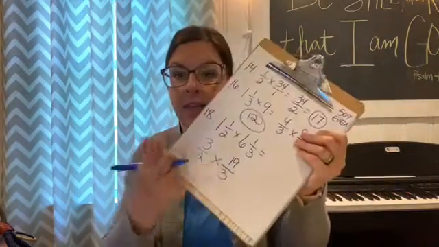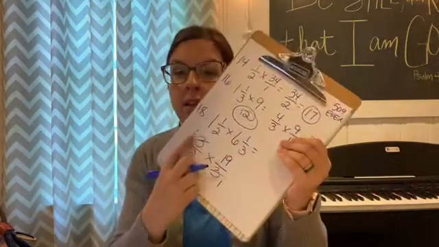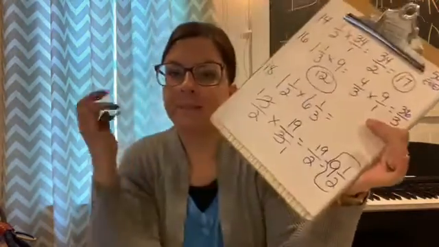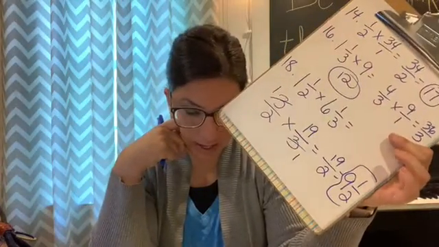So I can cancel out these 2 3s and turn them into 1s. So then I have 1 times 19 and 2 times 1. So 19 over 2, so that's 19 divided by 2, which 18 divided by 2 is 9. So I have 9 and 1 left over. So my final answer for number 18 is going to be 9 1/2.